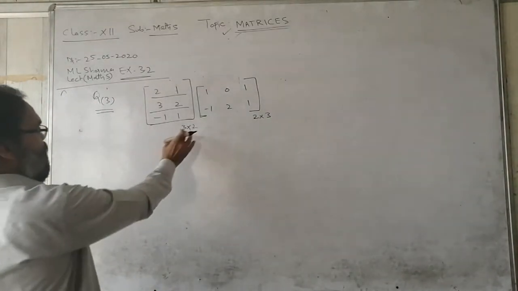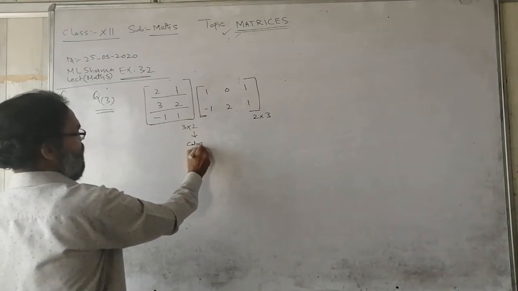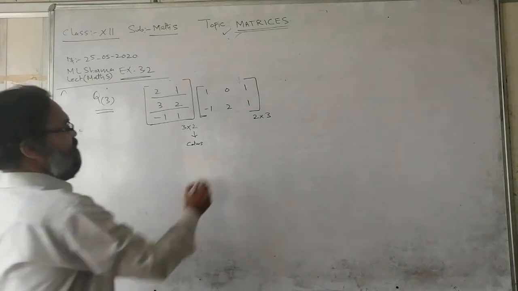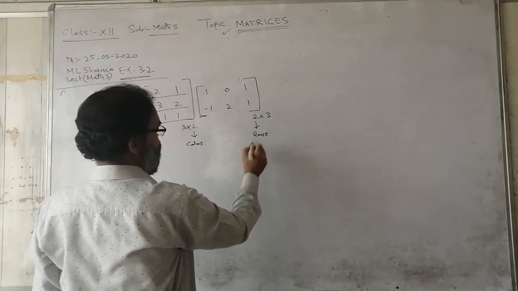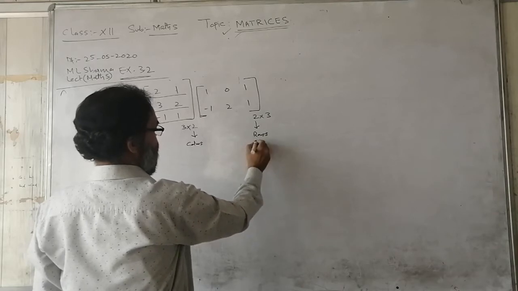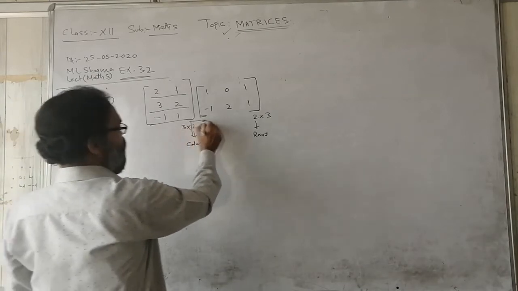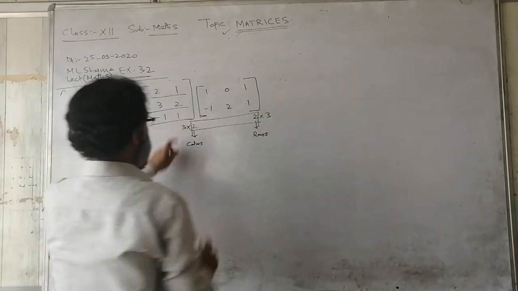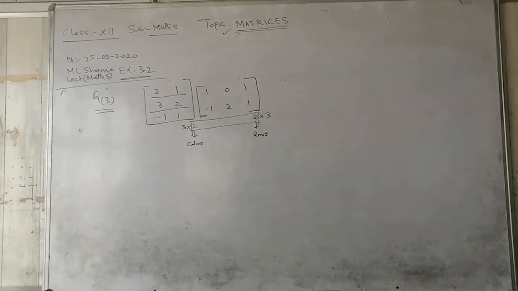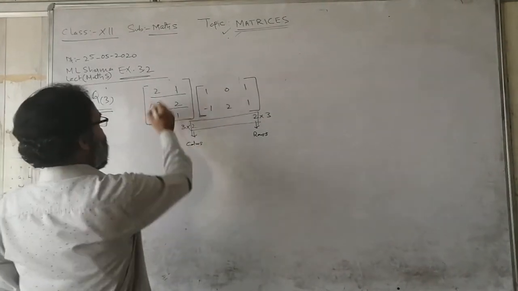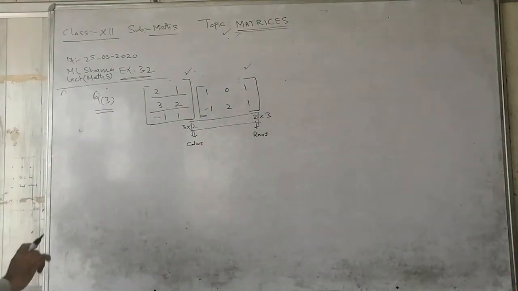So here the number of columns in the first matrix is equal to the number of rows in the second matrix. So in this case their product is possible.